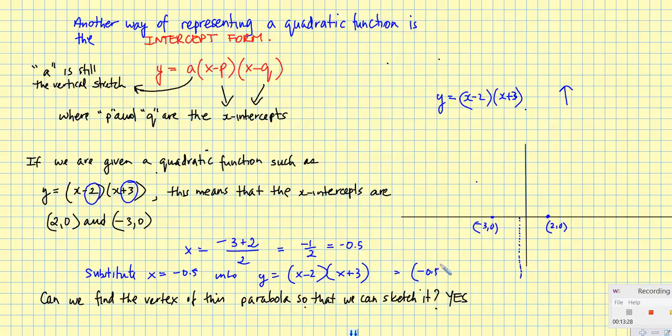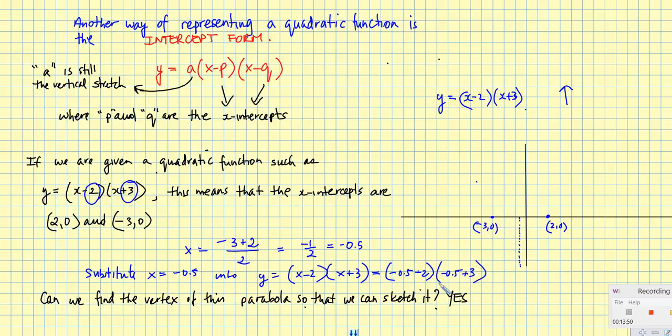And we end up getting negative 0.5 minus 2 times negative 0.5 plus 3. Let me rewrite that. Negative 0.5 minus 2 times negative 0.5 plus 3.